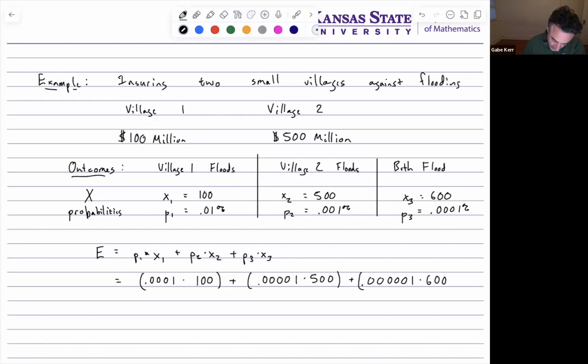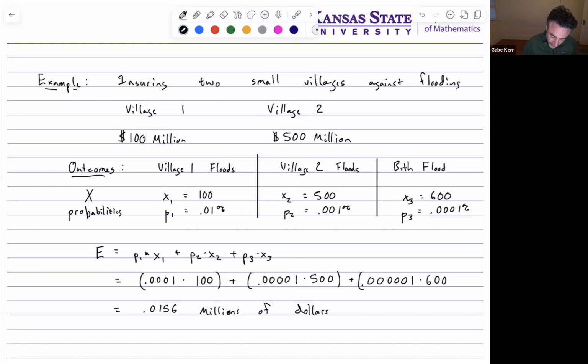Okay, so you can calculate this, but this is going to be 0.0156, I believe. So now this is millions of dollars, so this is our expected payout in millions of dollars.